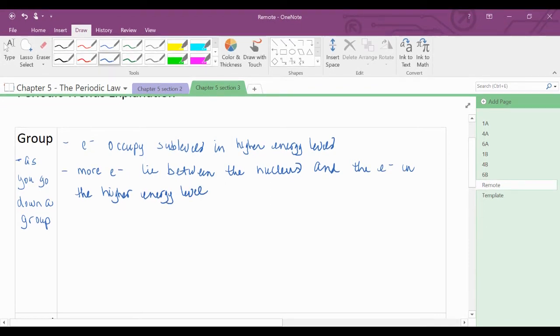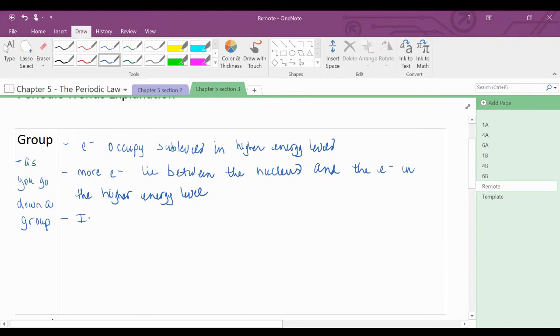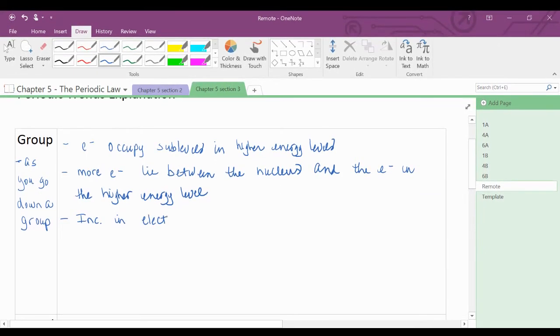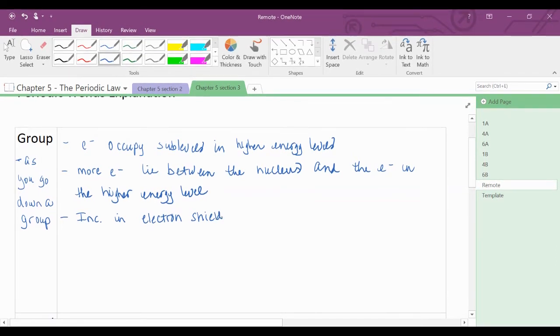So if we have more core electrons, then what we observe happening is that there's an increase in electron shielding. Basically what this means is that you have more electrons that are blocking the pull of the nucleus on those electrons that are in the valence shell.